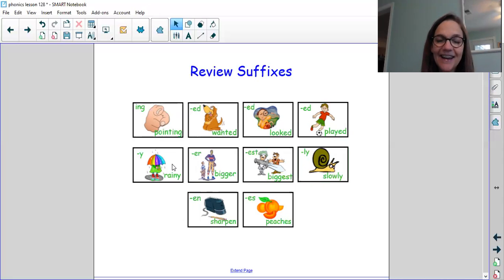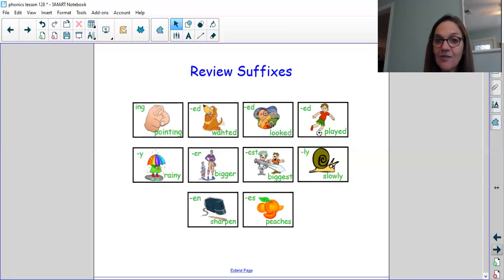E in rainy, hyphen Y. Er in bigger, hyphen E-R. Est in biggest, hyphen E-S-T. Lee in slowly, hyphen L-Y. N in sharpen, hyphen E-N. Es in peaches, hyphen E-S.